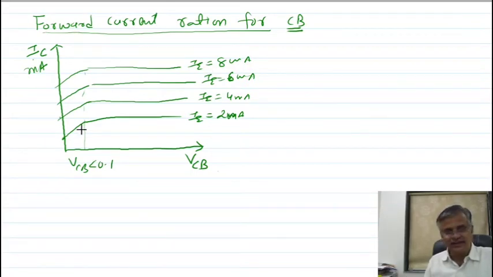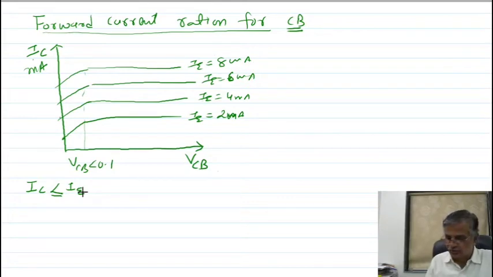This graph indicates that the output current is always slightly less than the emitter current. So this configuration does not provide current gain.